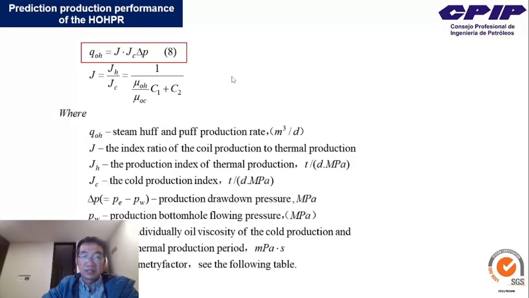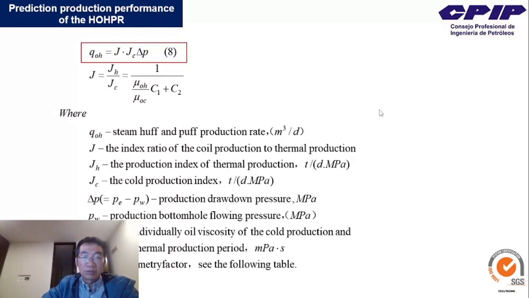The G means the index ratio of the cold production to thermal production. And GH means the production index of thermal production. And GC means the cold production index. Delta P means production drawdown pressure.